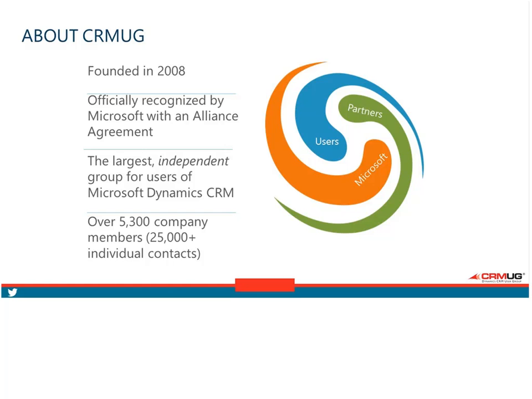We had just over 1,200 company organizations globally as part of our association, and now we have 5,300 plus, a global organization of users of Dynamics CRM. We do have members from the partner community that belong to CRM UG. Around 18% of our constituency are partner members, but 82% of everything we are about are other users of Dynamics CRM, and so that's a little backdrop on who we are.